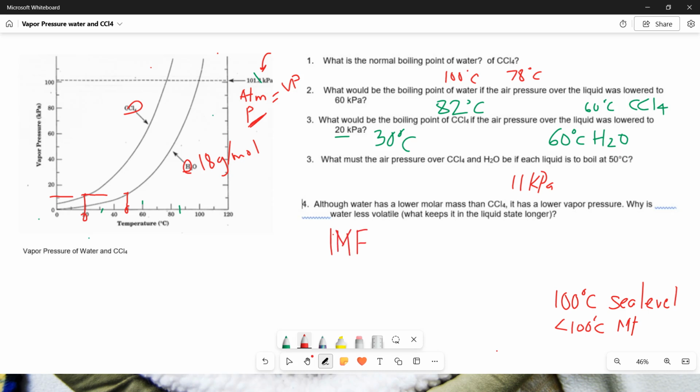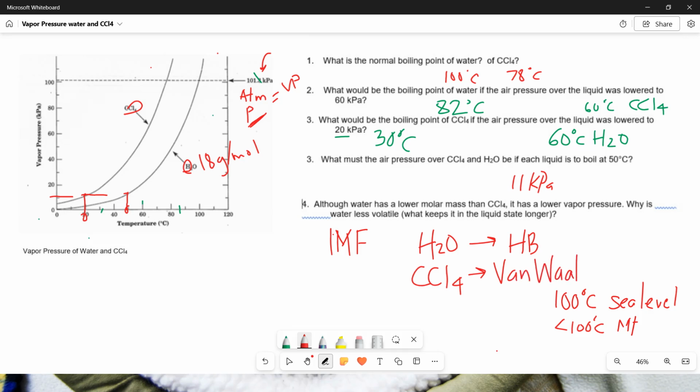And so if we look at water, water's intermolecular force is hydrogen bonding, where carbon tetrachloride is nonpolar, so it's going to be van der Waals or London dispersion.